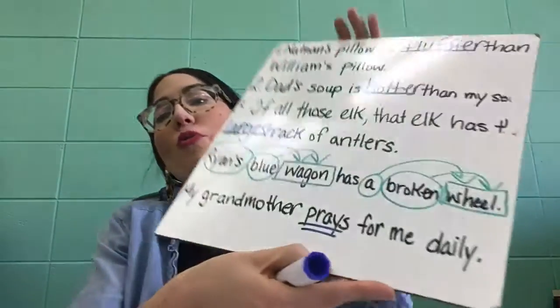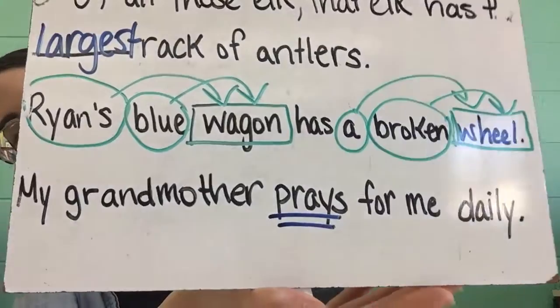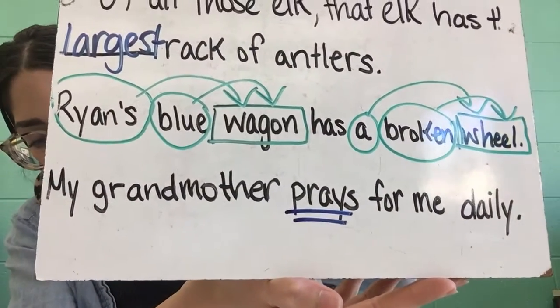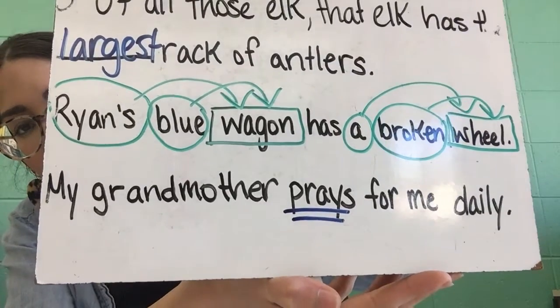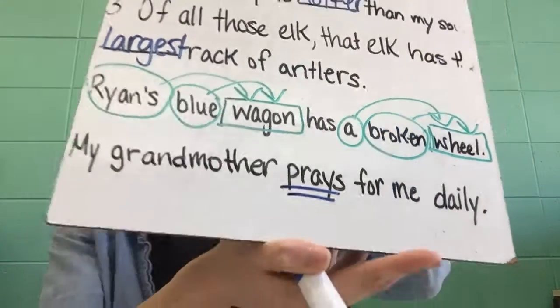And then now we're going to circle our adverb. So what is our adverb? Remember, adverbs describe the verbs. So what is our adverb in that sentence? My grandmother prays for me daily. How often does she pray? Daily. Very good. So we're circling daily. We found our adverb.